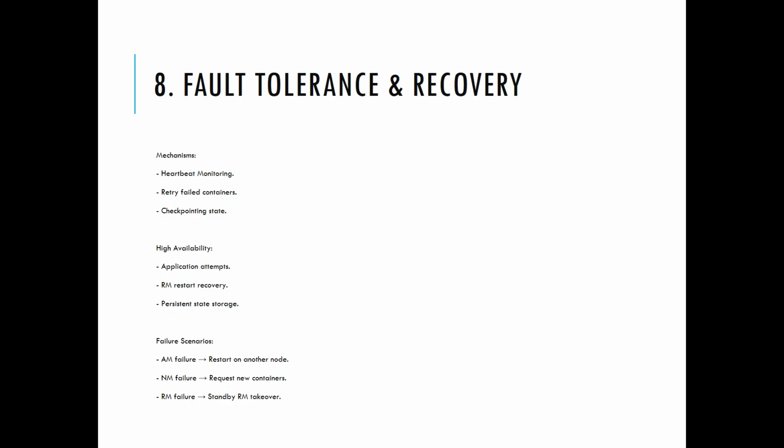High availability features include application attempts, where the RM can restart a failed AM on a different node. RM Restart Recovery allows a new resource manager to recover the state of previous applications. Failure scenarios are handled gracefully: AM failure triggers a restart, NM failure prompts the AM to request new containers from the RM, and a resource manager failure is handled by a standby RM taking over.